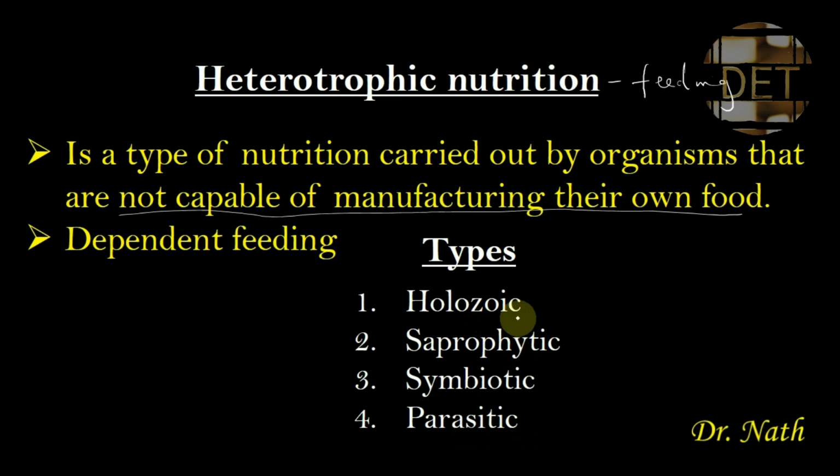These are the four basic examples or types of the heterotrophic nutrition, which is also called dependent nutrition or dependent feeding. So this is very important.